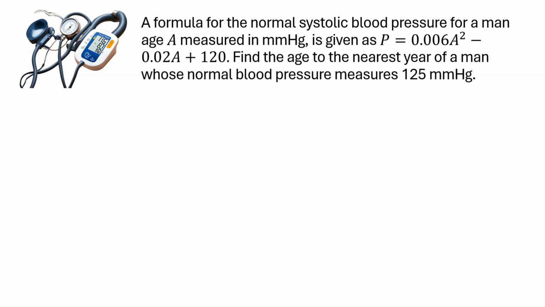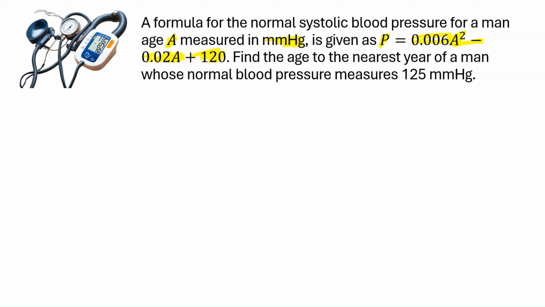Here we are given a formula for the normal systolic blood pressure for a man of age A, measured in millimeters of Hg. The pressure P equals 0.006 A square minus 0.02 A plus 120.